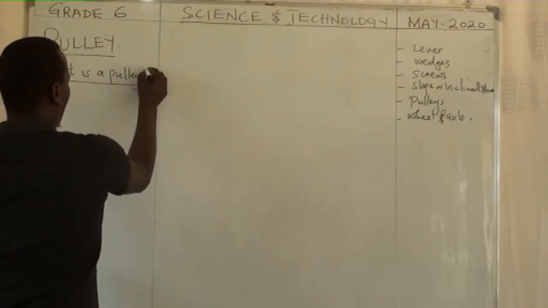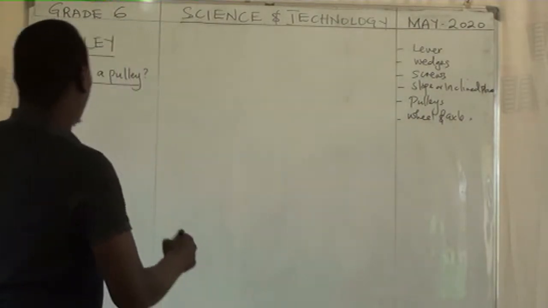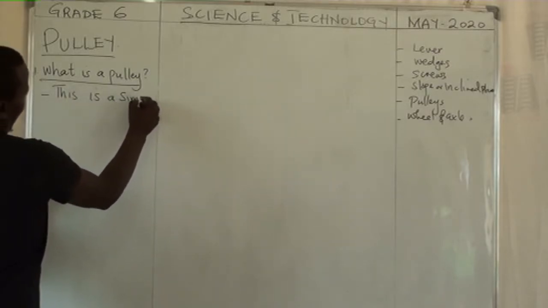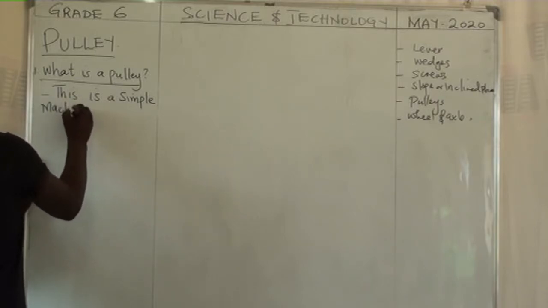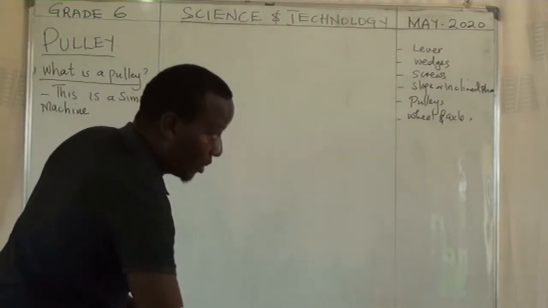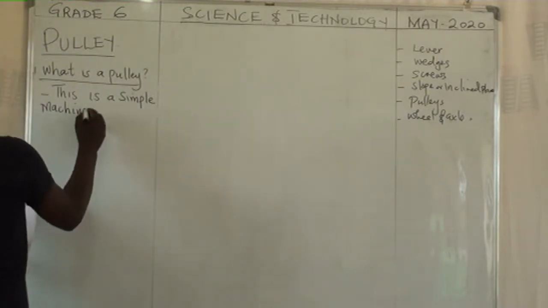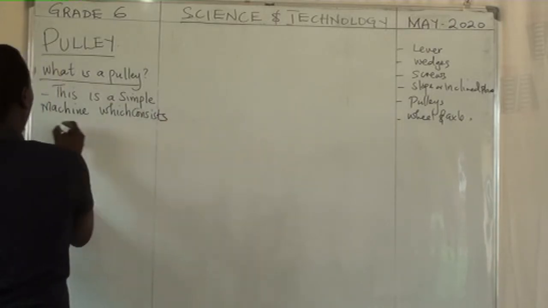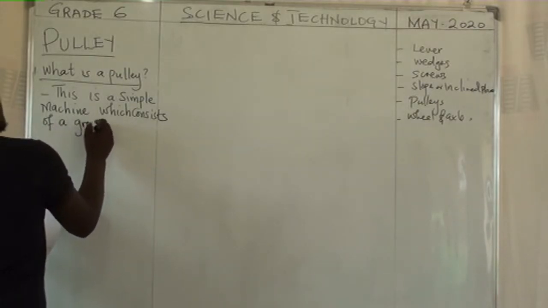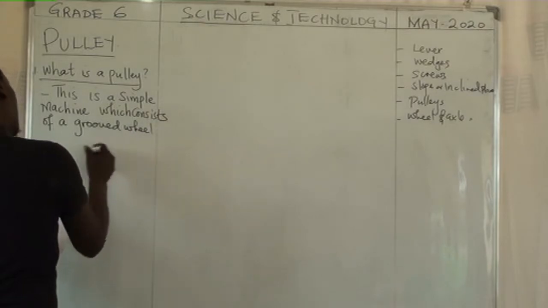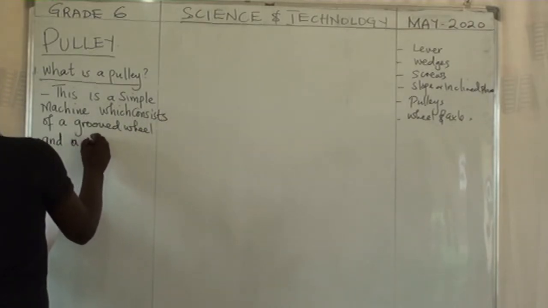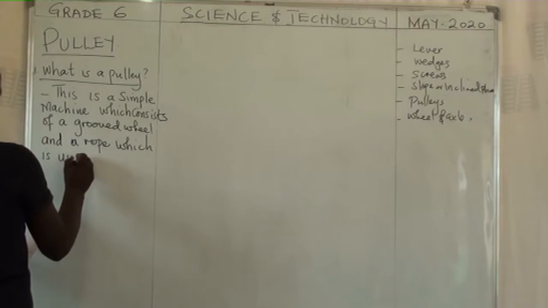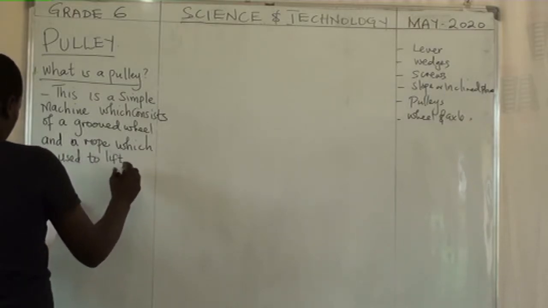We are going to look at the meaning of what a pulley is, and we write down: this is a simple machine which consists of a grooved wheel and a rope which is used to lift objects.